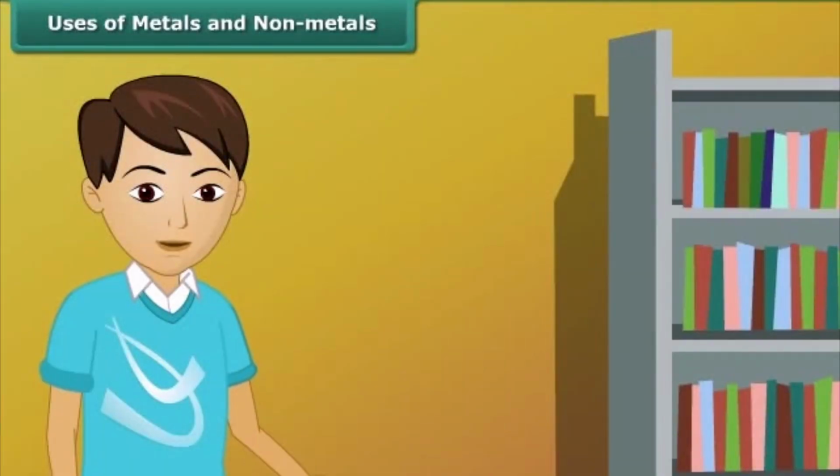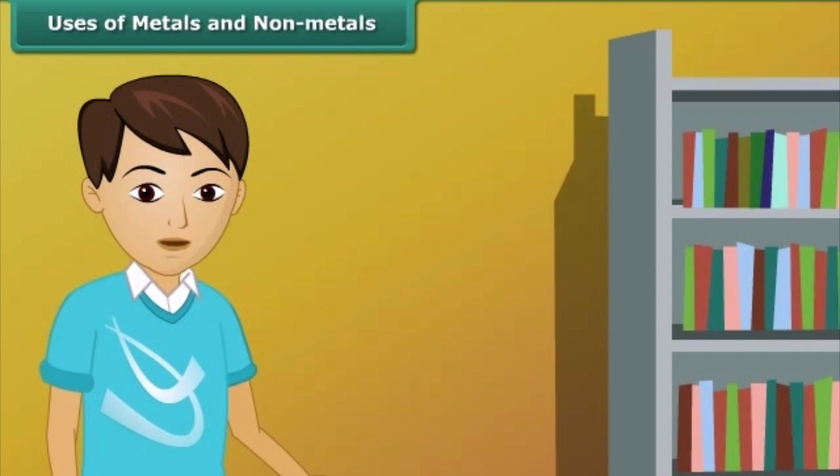Dear, till now we have learnt what the physical and chemical properties of metals and non-metals are. Now let's move on to another important topic, that is, what are the uses of these metals and non-metals?